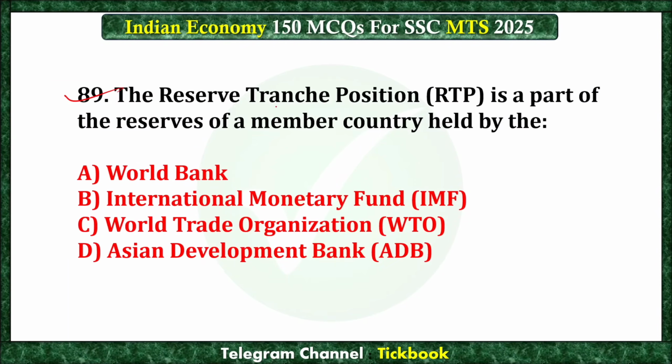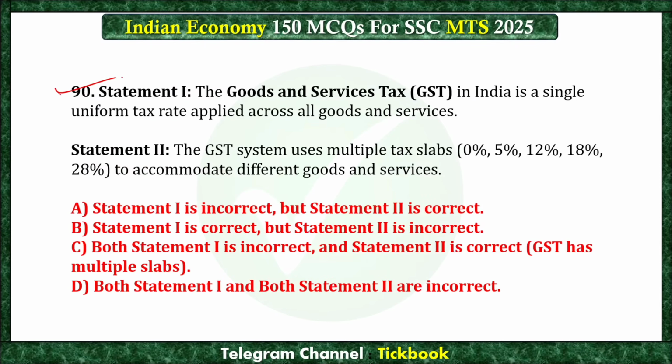89. The reserve tranche position is a part of the reserve of a member country held by the option number B, International Monetary Fund, IMF. 90. Statement 1. The goods and service tax in India is a single uniform tax rate applied across all goods and services. Statement 2.